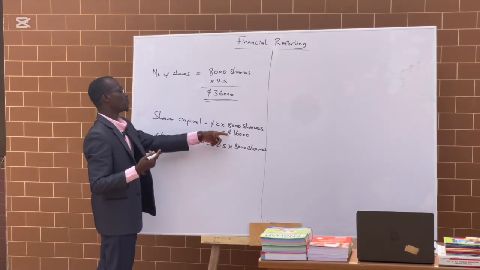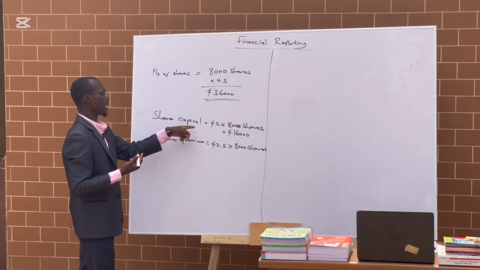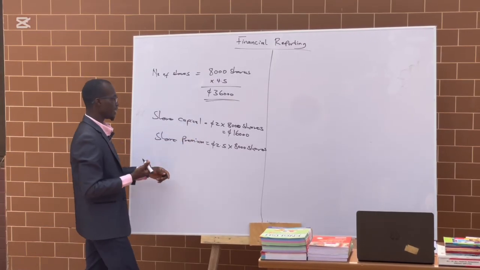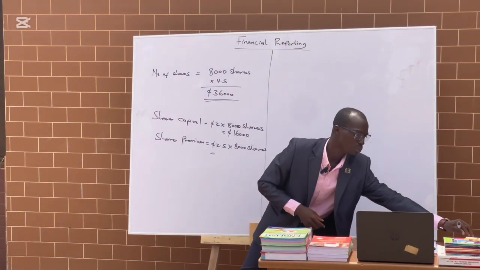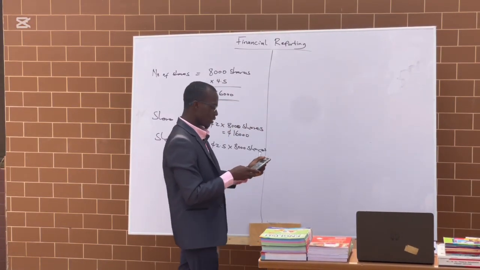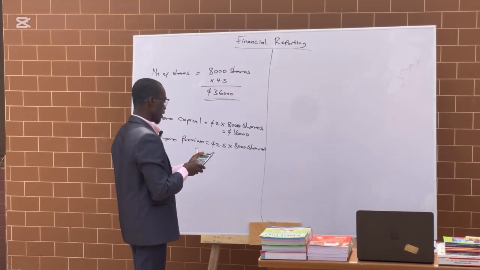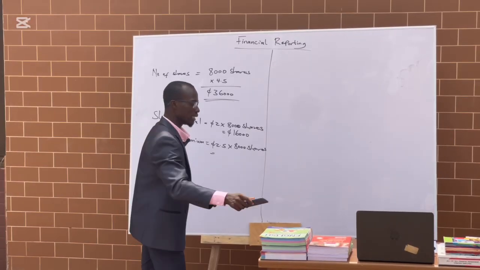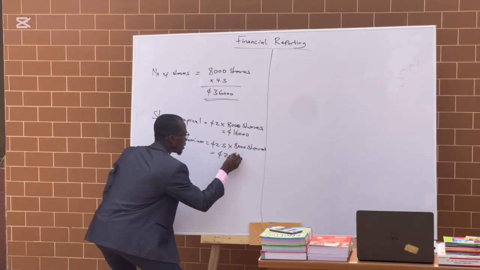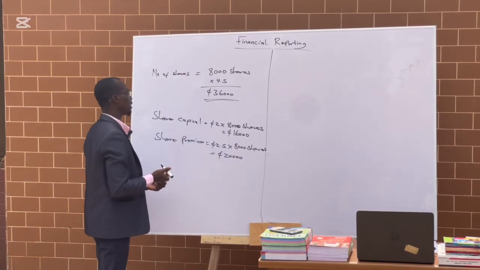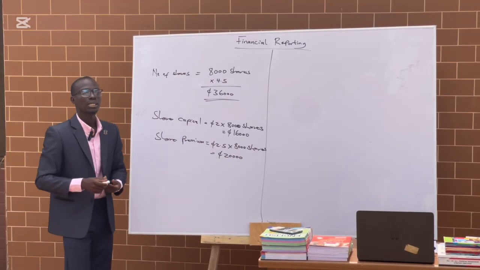This is the amount you're supposed to add to the share capital. Then 2.5 times 8,000 gives 20,000 Ghana cedis. So this is how a share exchange will be shared.